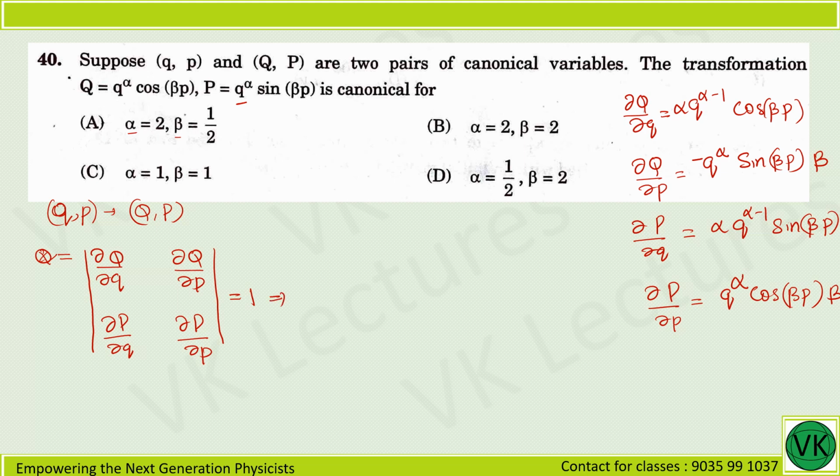So here we can make the determinant. So alpha q to the power alpha minus 1 cos beta p, then next term is minus q to the power alpha sin beta p into beta.